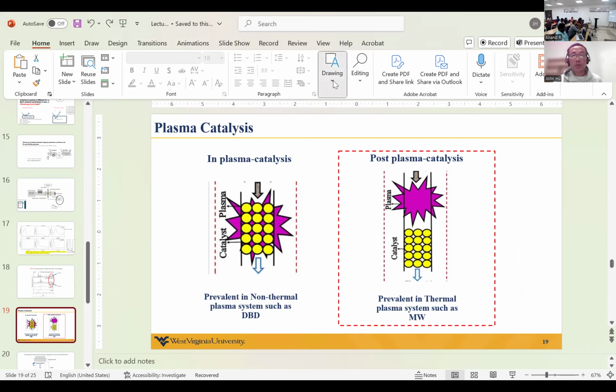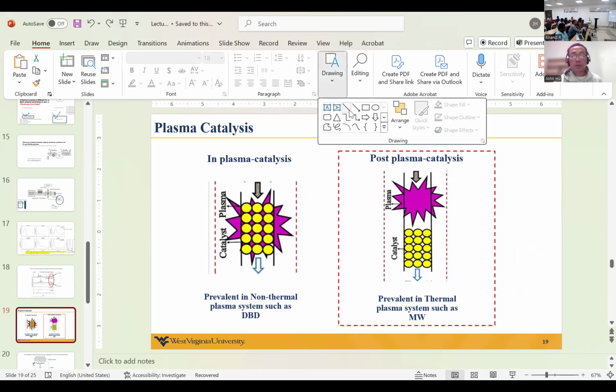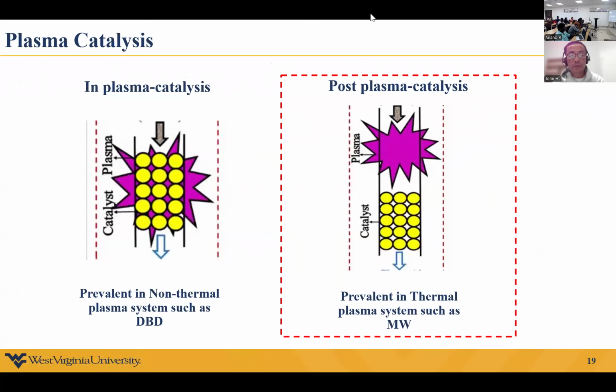So I keep on drawing this. Let me go to the annotation mode. I'm pretty sure you remember this.